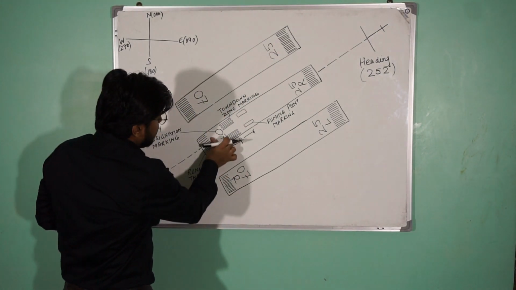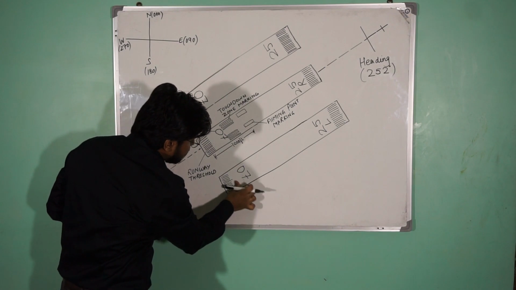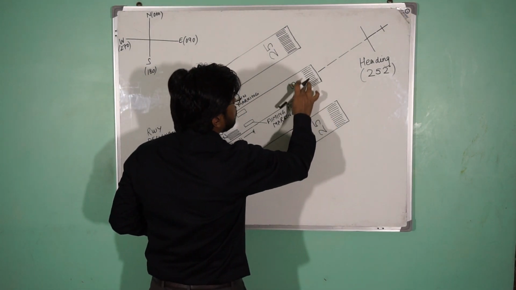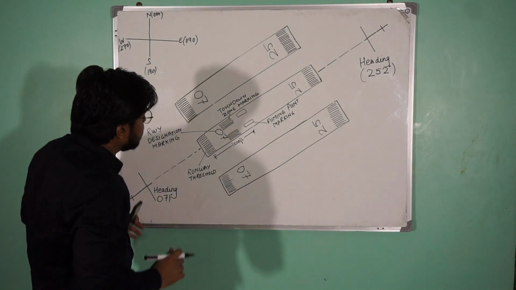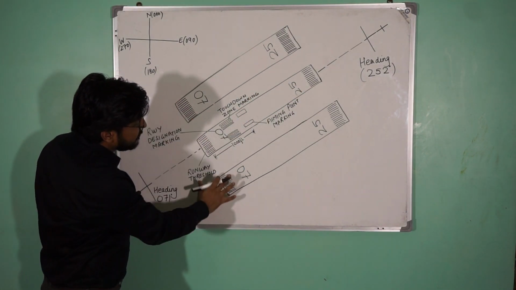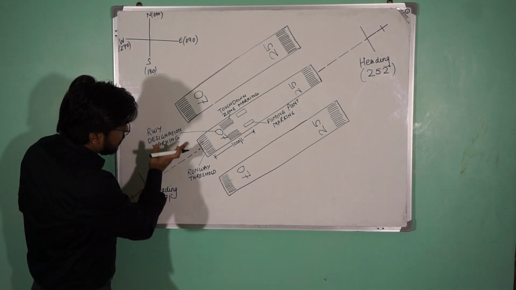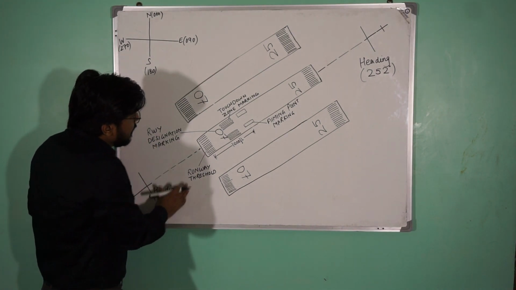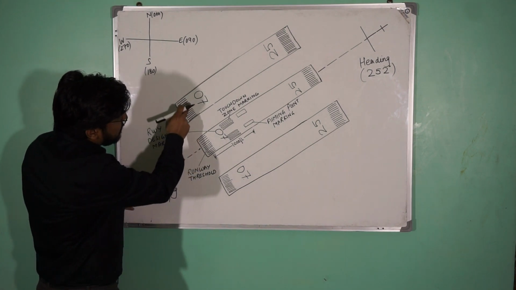So now I'll again rub all these designators, only 25 and 07 is written here. Now in this case you can see 3 runways are there. Now I'm coming and maintaining a heading of 071, and in this case we have 3 runways.